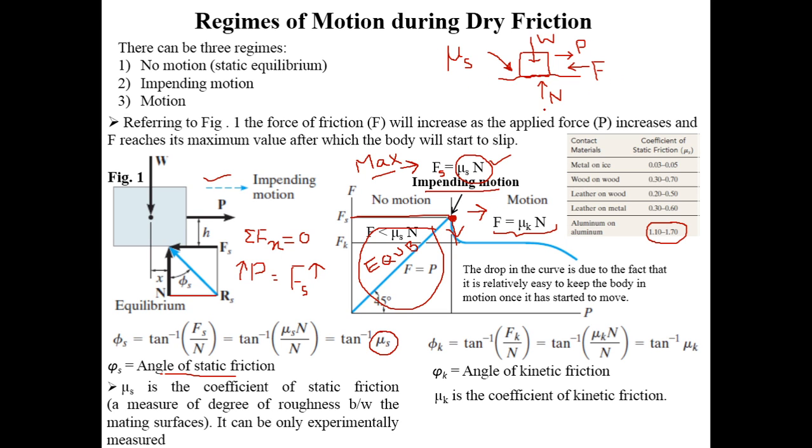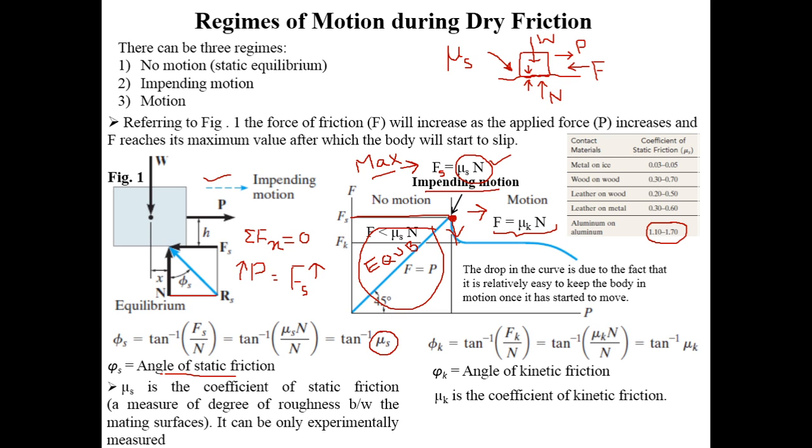And why is this force directly proportional to N as well? Because the effect of N is to bring these contacting surfaces closer to each other. This normal force N is trying to bring these contacting surfaces much closer together.